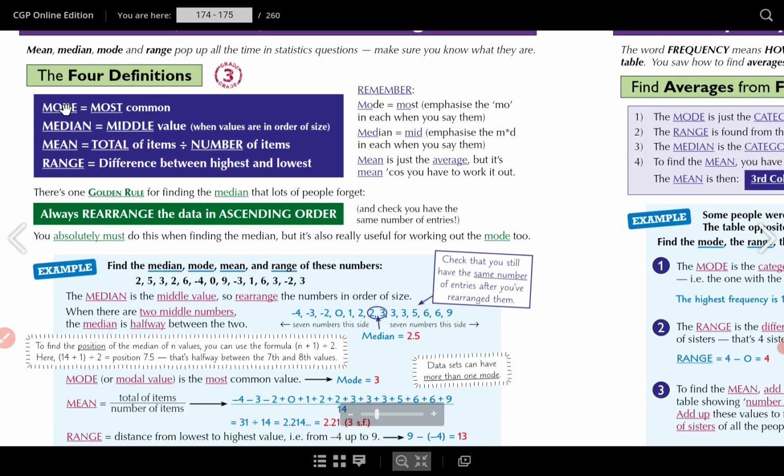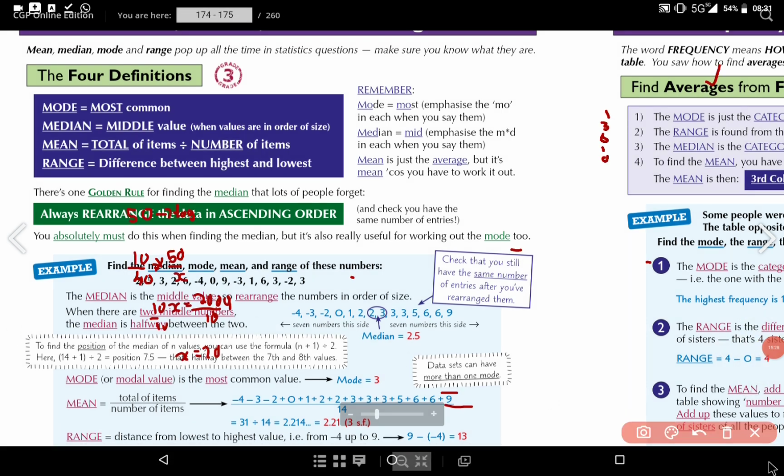So we start with the mode. The mode is the most common value or number. The median is the middle value, and you can only know the median if you arrange your values in order, starting from the least to the highest.